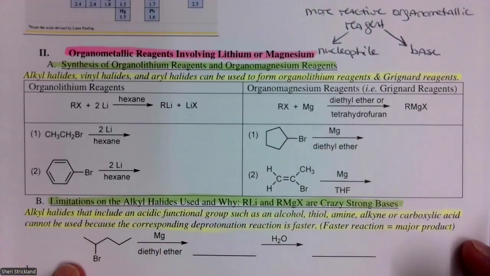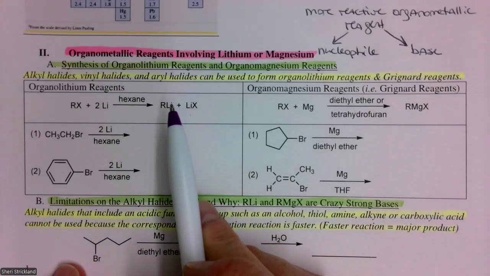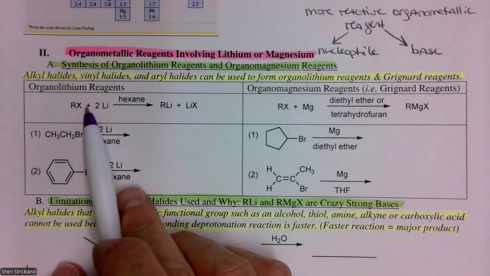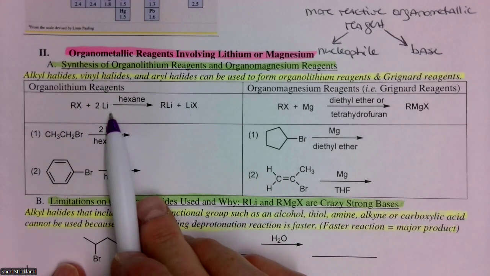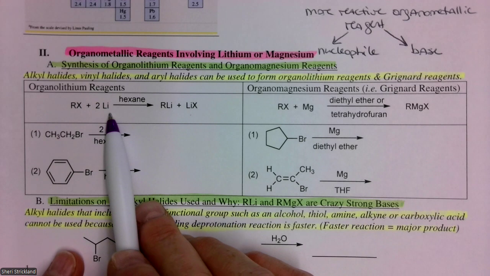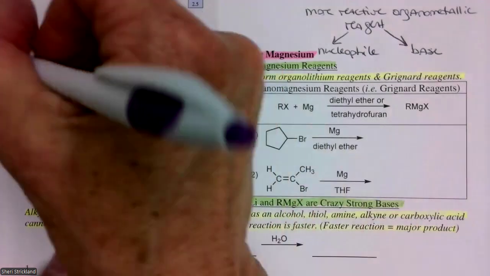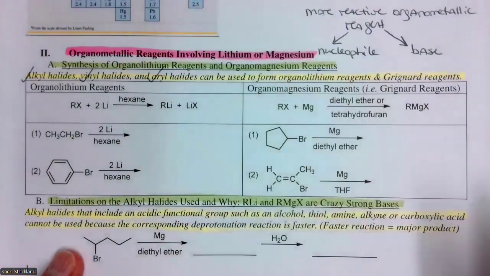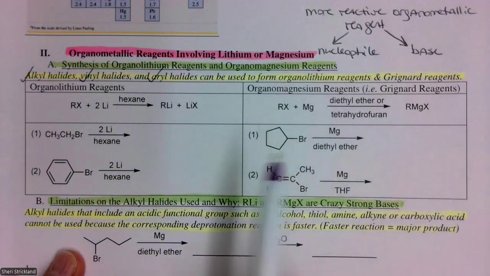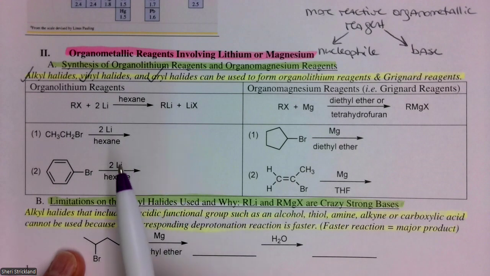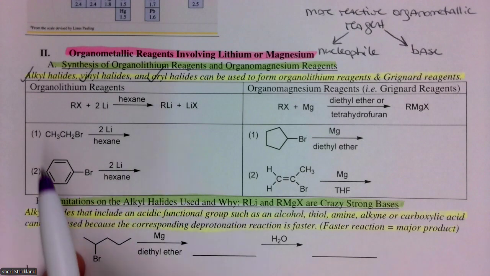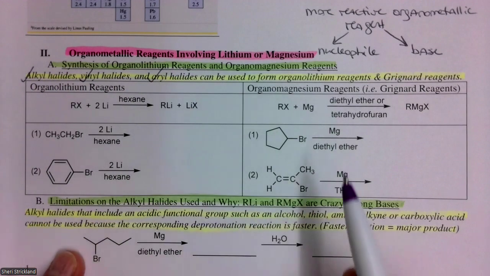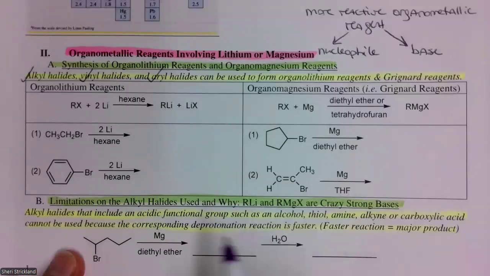All right, so let's see how that works with these two metals. If you want to make an organometallic reagent involving lithium or magnesium, then what you need is an alkyl halide of some sort, and then just the neutral metal. And so any kind of alkyl halide or vinylic halide or aryl halide will work. I've dealt with substitution and elimination reactions where mostly you had to have alkyl halides, but now it's opened up to include pretty much anyone you can think of.